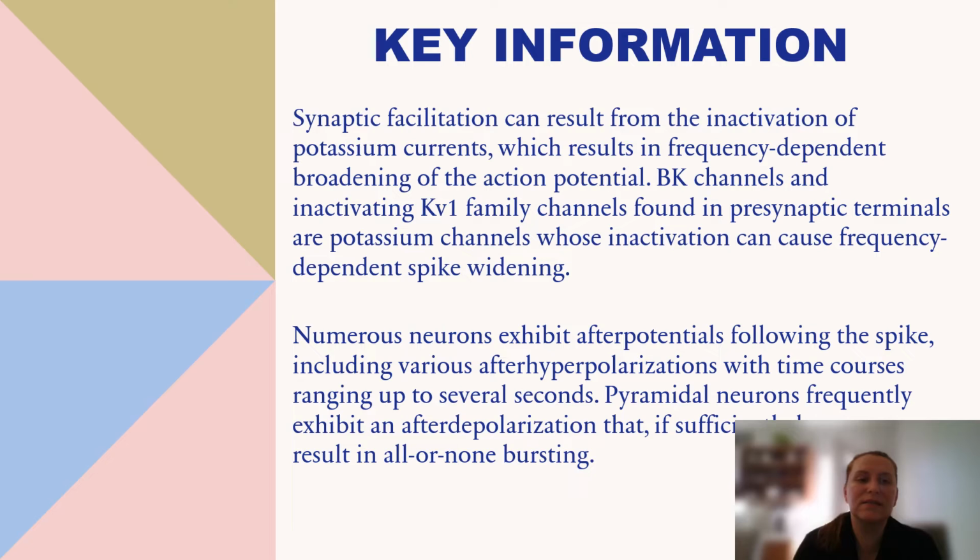Another point is that following the spike, many neurons have afterpotentials, including multiple types of afterhyperpolarizations, with time courses lasting up to several seconds. Pyramidal neurons often have a prominent afterdepolarization which, if large enough, can lead to all-or-none bursting.